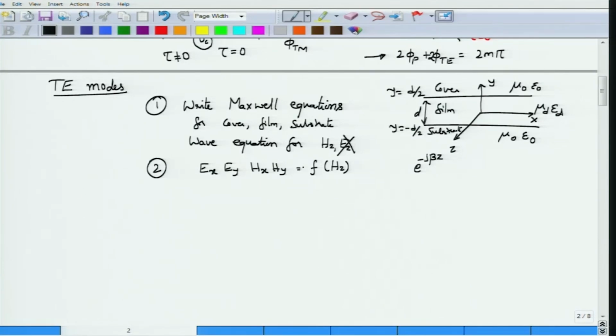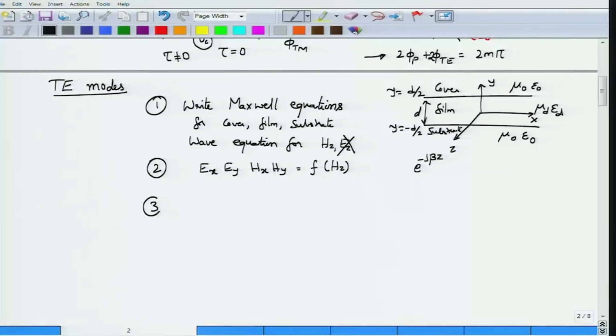We will soon see that you don't have all the terms over here for the TE modes in the parallel plate waveguide. You will have only 3 terms, as we will see. Okay, but you already know how to express this, right? So you start from Maxwell's equations, adjust them, then you go back and write down every component in terms of Hz and Ez. Okay, this is exactly similar to the waveguide analysis that we did for the metallic waveguides. There is no change in this procedure so far.